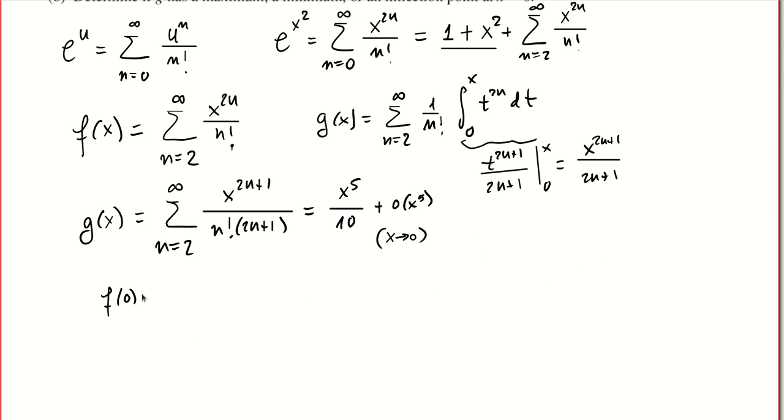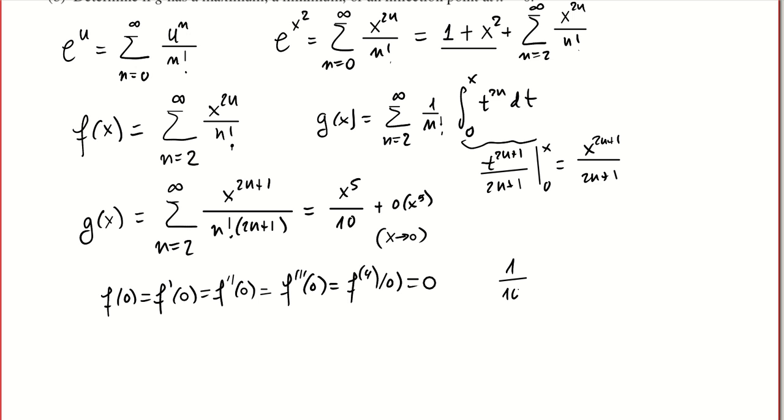Because this is telling us that g at 0 and all the derivatives of g up to the fourth are equal to 0, because there are no terms with a smaller power than x to the 5. And the first non-zero power is this one.